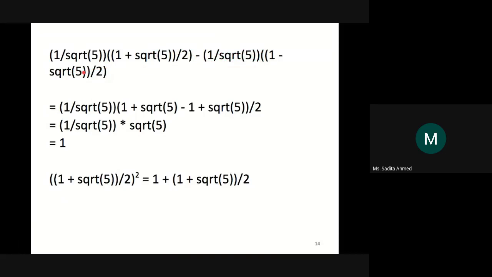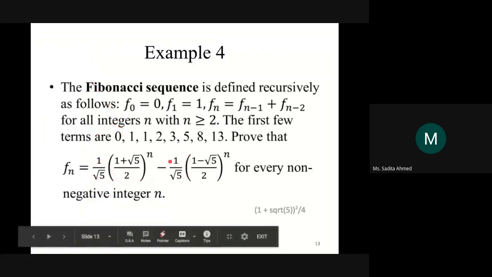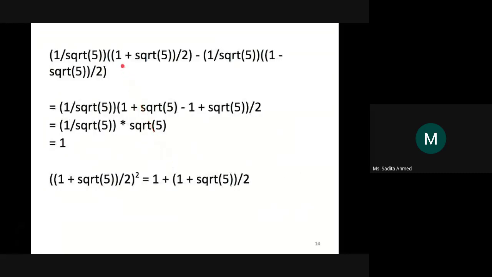Now, if we take 1 by square root of 5 in common, what do we get? 1 plus square root of 5 by 2 minus 1 minus square root of 5 by 2. Denominator same. After taking 1 by square root of 5 common, the denominator is the same, 2. So in the numerator we will have 1 plus square root of 5 minus 1, then minus minus square root of 5.